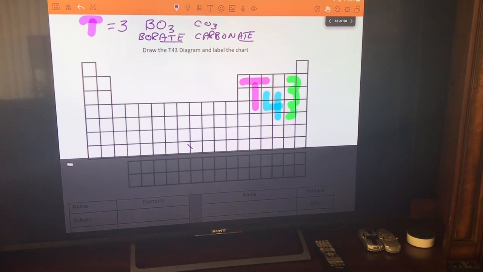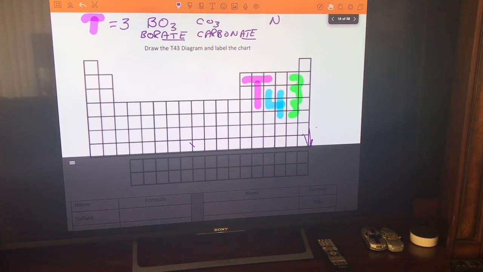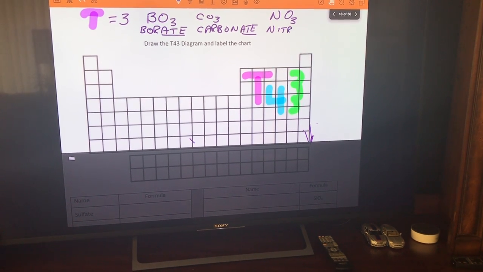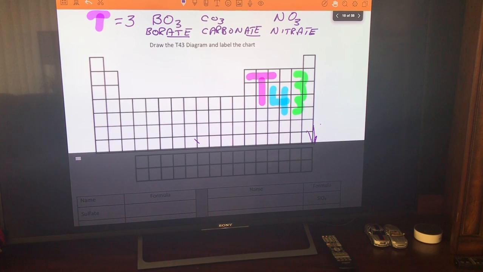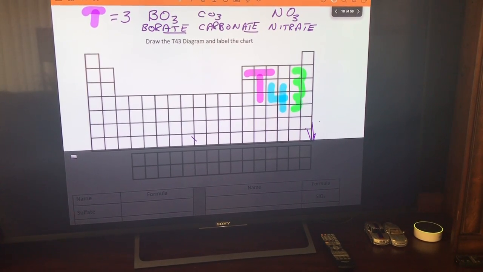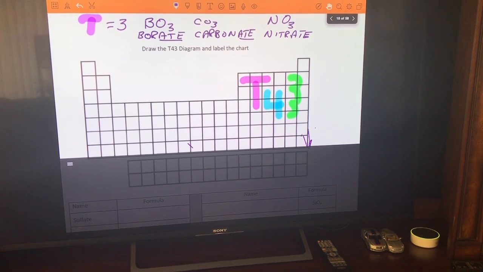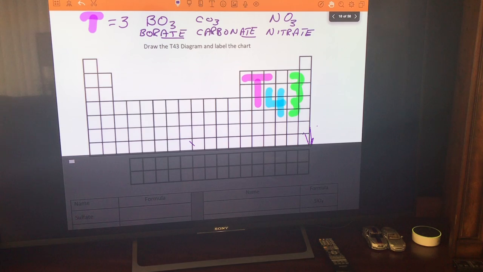And the one next to that, nitrogen, is going to be NO3. So nitrate, ATE. So all of those that are in that corner that fall under the purple letter T, they end in ATE, and they each have 3 oxygens with them.